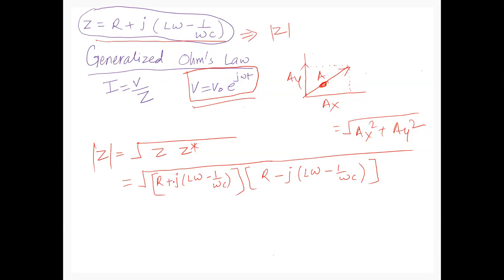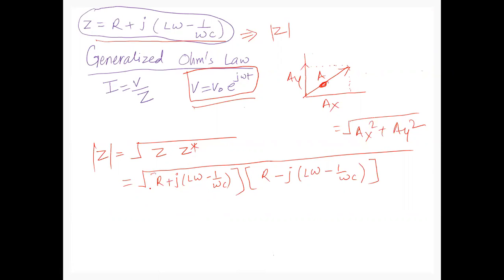Z star means just change the sign of the imaginary part. If it is positive, you make it negative, and if negative, positive. Change the sign of the imaginary part, not the real part. This is the real part, this is the imaginary part. That's how you get Z star, okay?